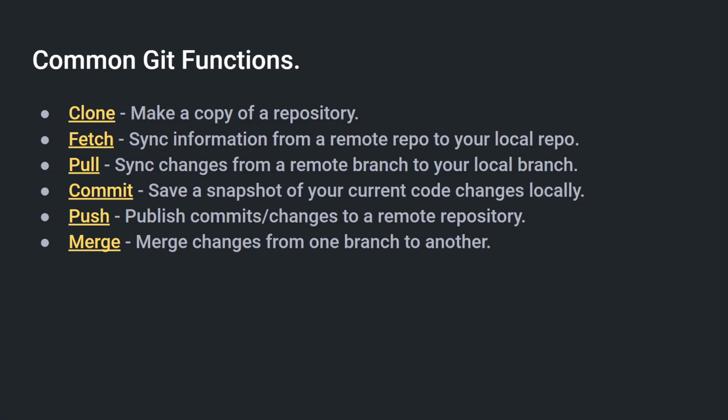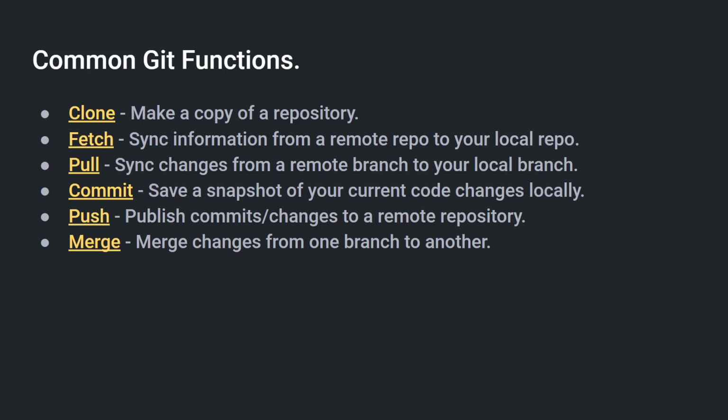And then we have fetch, which is a way to sync information from a remote repository to your local repository. Let's say one of your team members made some type of change to the remote repository, you'd be able to call a fetch command and update your local repository with that new information.